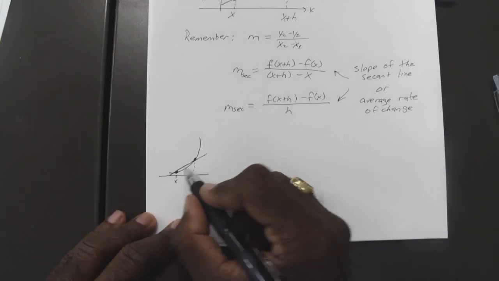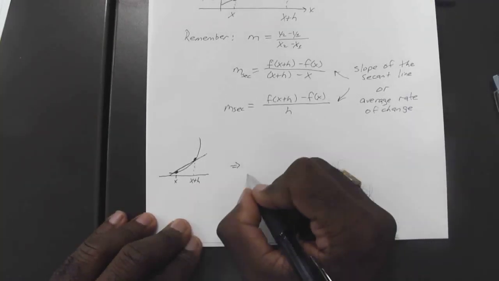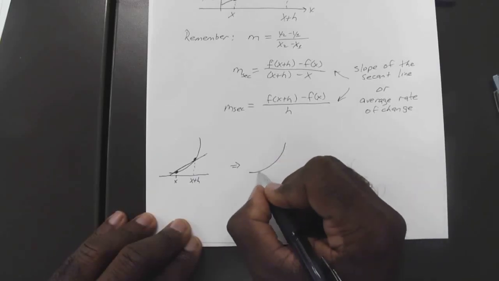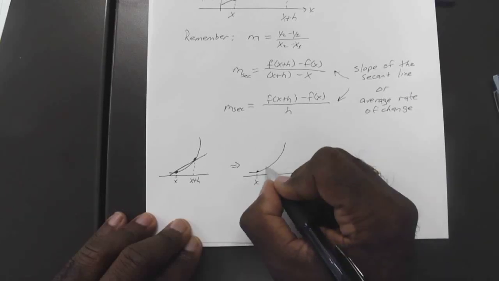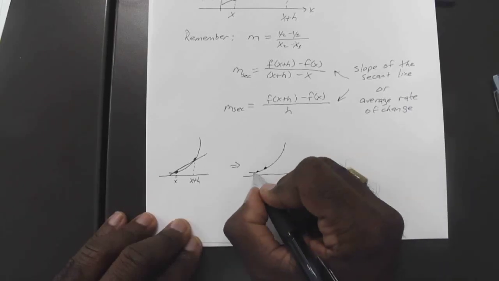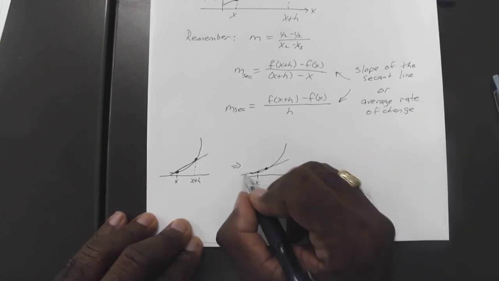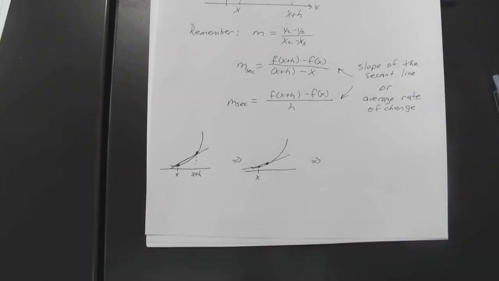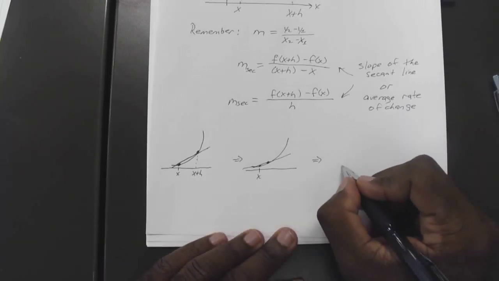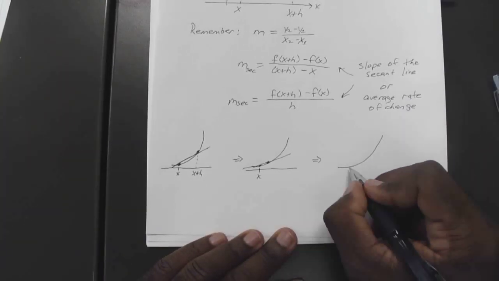So if we have that graph, this is your x, and let's say you move your x plus h even closer, like 1/1,000,000th of a centimeter, as close as you can possibly get it.